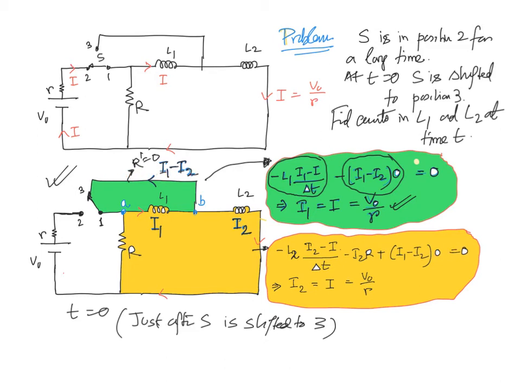So the sum is equal to 0. That means when delta t gets multiplied with all this, all will become 0, because delta t is a very small quantity. So I2 is also equal to V0 by R. So at start, through the top branch, the current is 0.